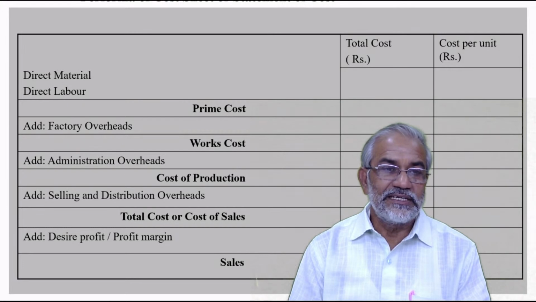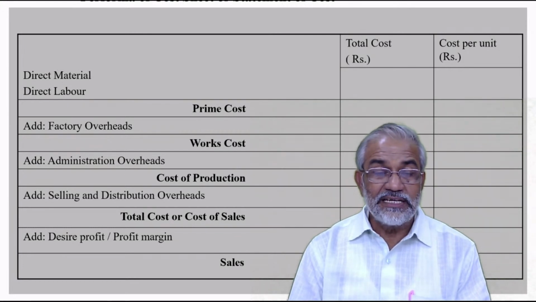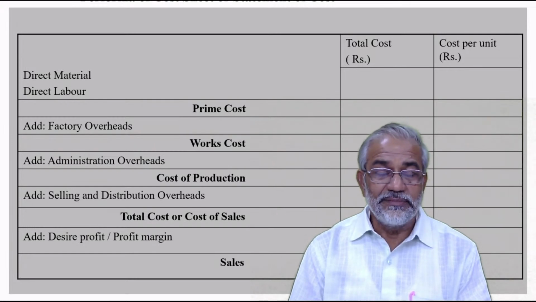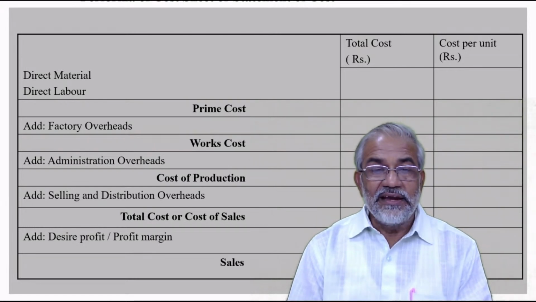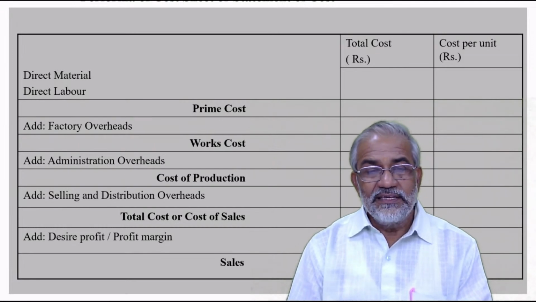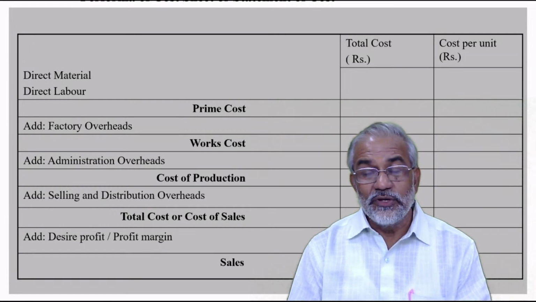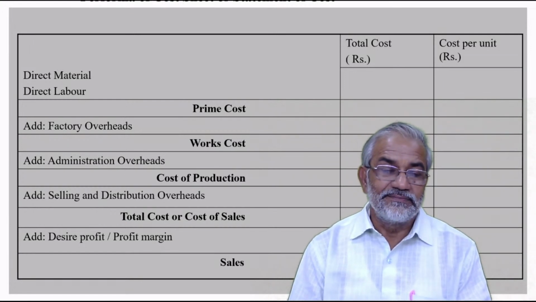It includes direct material and direct expenses in the form of prime cost. Then factory overhead is added there too, and it becomes the works cost. And the administrative overhead, when it is included with the works cost, becomes the cost of production. And that cost of production is the cost per unit or cost of the units produced in the organization.